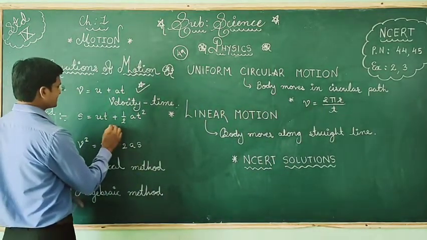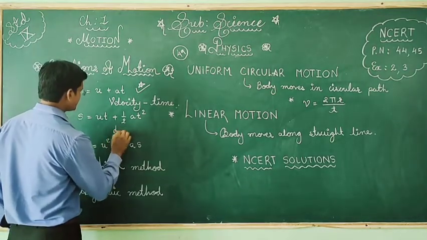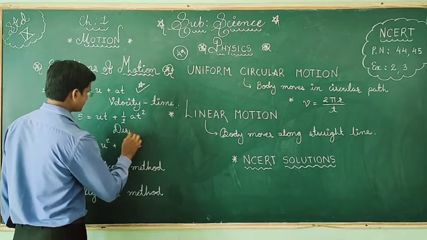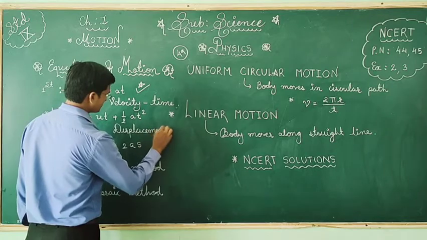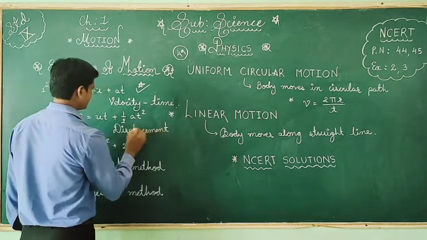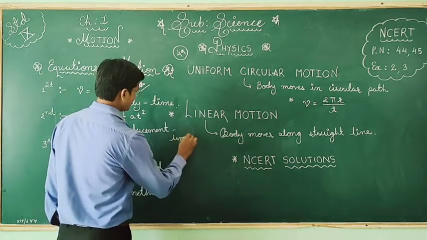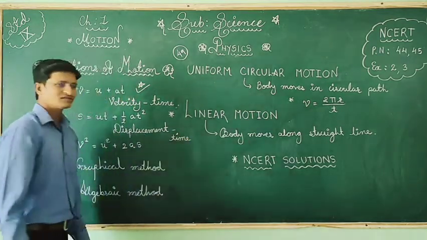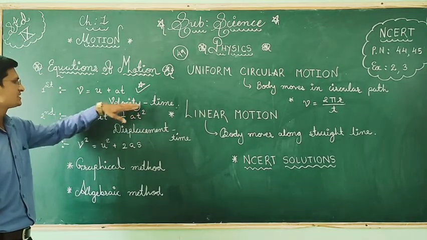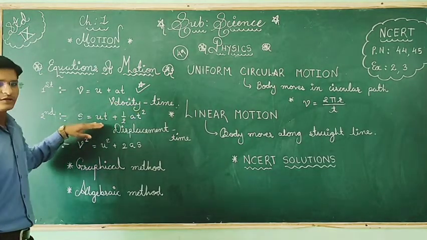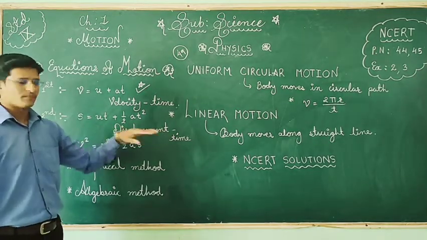This s is equal to ut plus 1 by 2 at square shows the relationship between displacement and time.